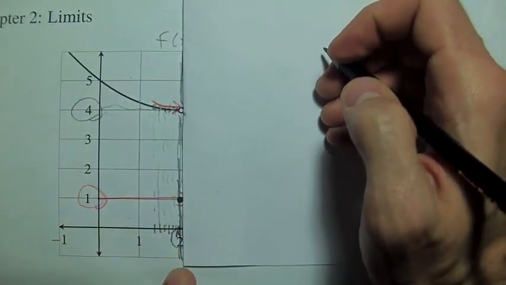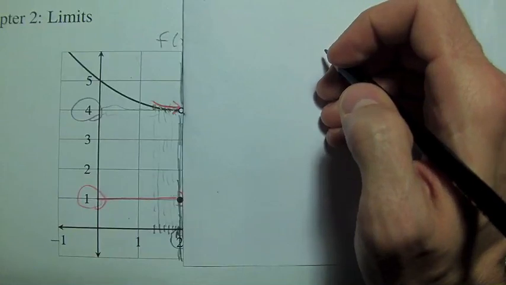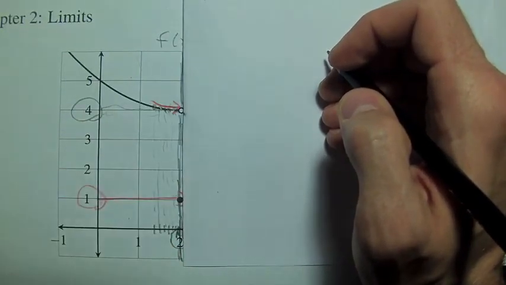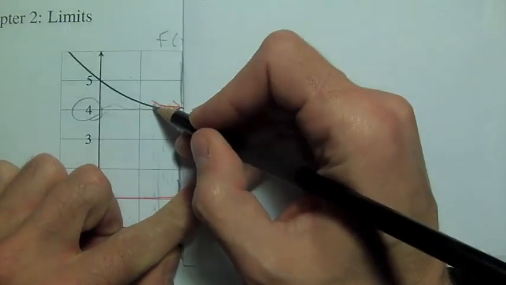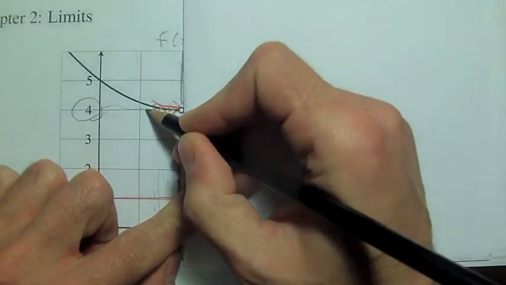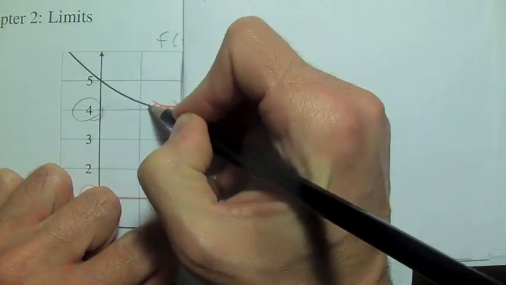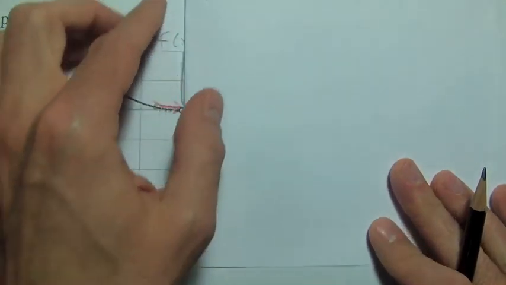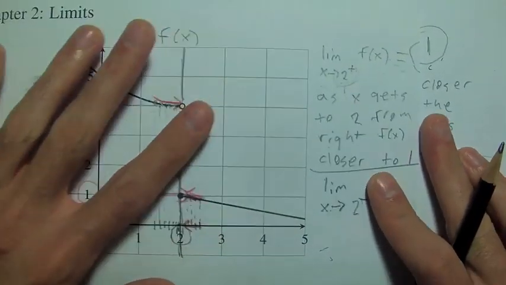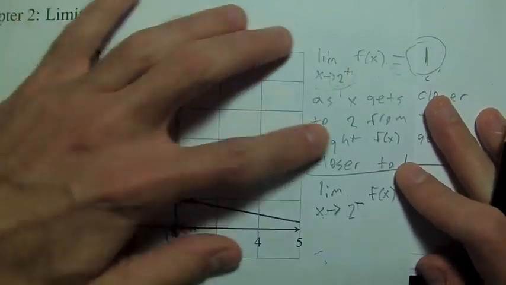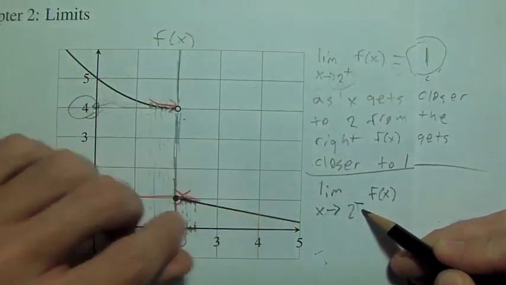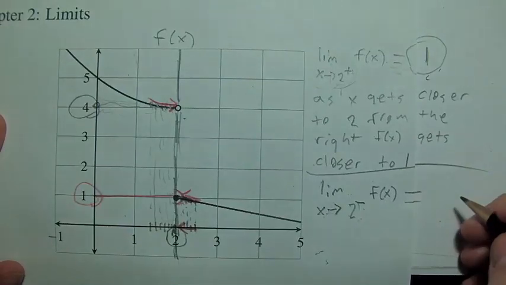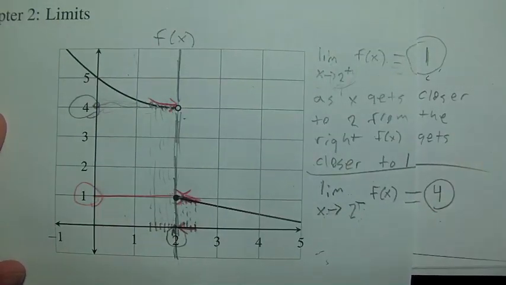So as x's get closer and closer to 2 from the left-hand side, the y's are getting closer and closer to 4, since if we map these points over, they're getting closer and closer to 4. So the limit as x goes to 2 from the negative side of f of x is 4.